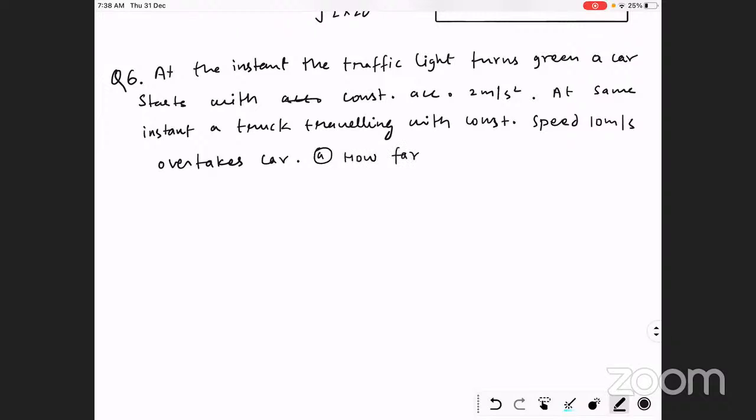How far beyond the starting point will the car overtake the truck?